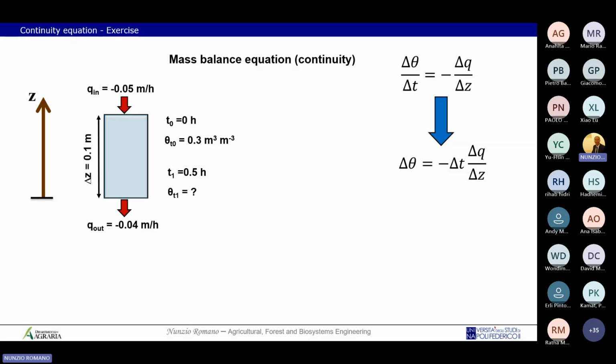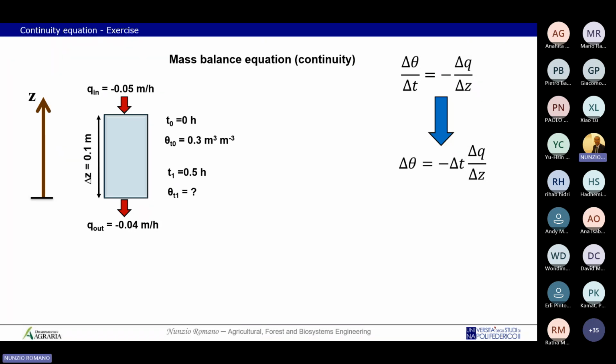We have a flux entering from the top of 0.05 meter per hour, negative because it's opposite to the vertical z oriented upward. Then some water goes out of this volume, and we measure this flow rate, which is 0.04 meter per hour.